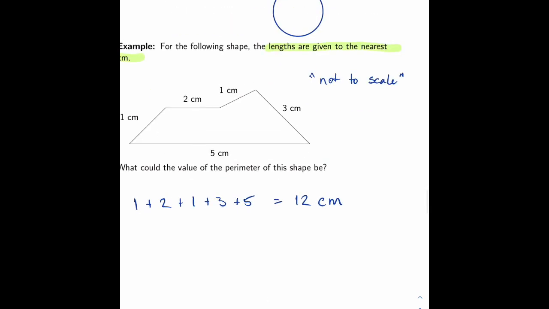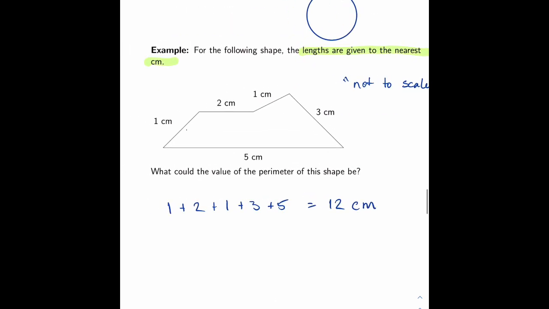So maybe this one is actually 1.4 centimeters, and this one is only 1.7 centimeters. And that one could be like 1.2 centimeters. And then maybe this one is 3.1 centimeters, and this one is 5.2 centimeters.